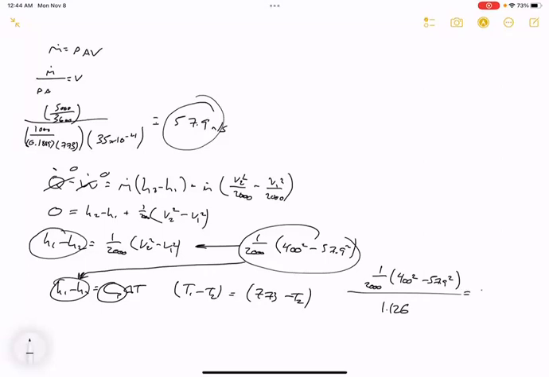This gives us 773 minus T2. If we solve for T2, which is the exit temperature, which is what we're looking for, we will end up with 703.4 Kelvin.